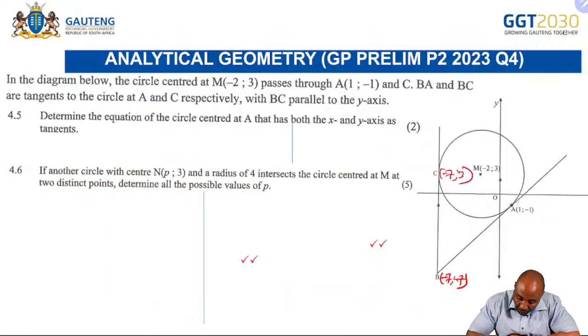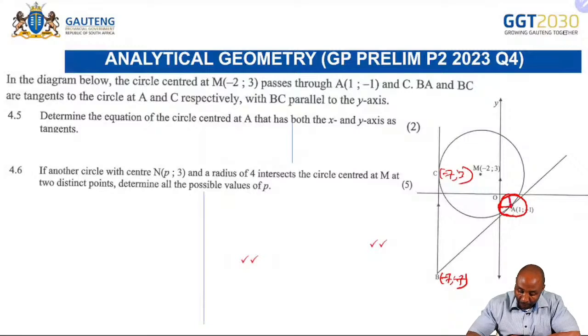And we have a circle here where we are told that our x and the y-axis are our tangents. Now, the distance from the x-axis to point A is going to be 1 unit. The distance from A to the x-axis is also going to be 1 unit.